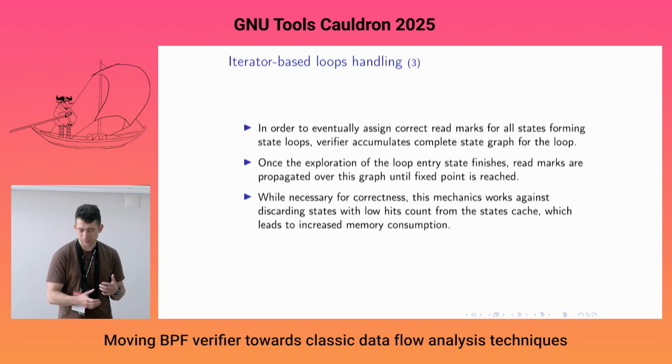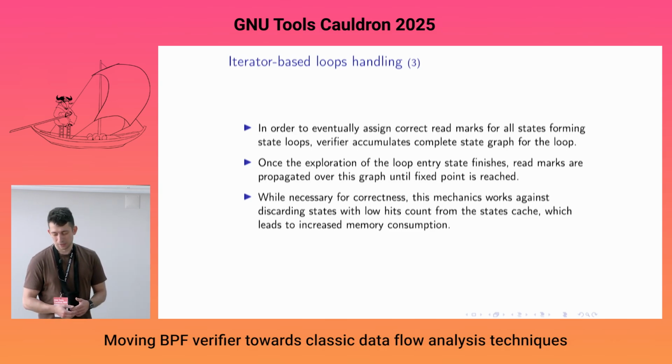The hash table is actually a cache because we don't want to keep all of the states we ever explored in it. We want to keep only those states for which we can see some hits on the path traversal, so we essentially evict some of the states from this cache. While we are in the loop, we cannot evict states which are part of this loop, which leads to increased memory consumption.